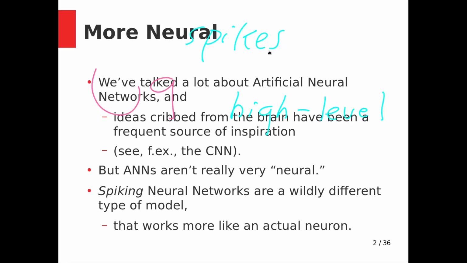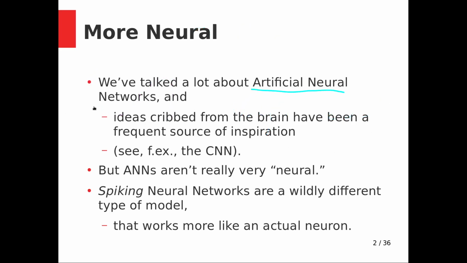So we've been talking a lot about artificial neural networks, right? ANNs, feed-forward, fully connected artificial neural networks. These often borrow ideas and inspiration from biology, right? A good example is the convolutional neural network, which was inspired by studies of the early, I think it was cat visual cortex. But even though they're biologically inspired, they're not really very biological, okay?